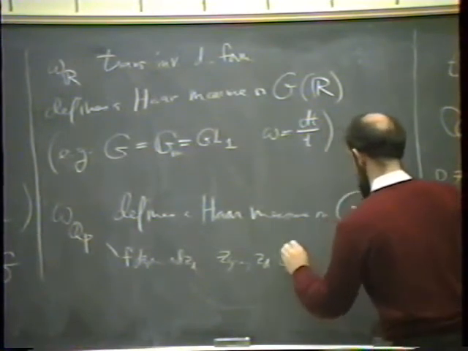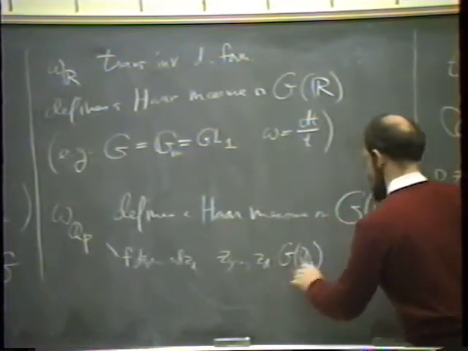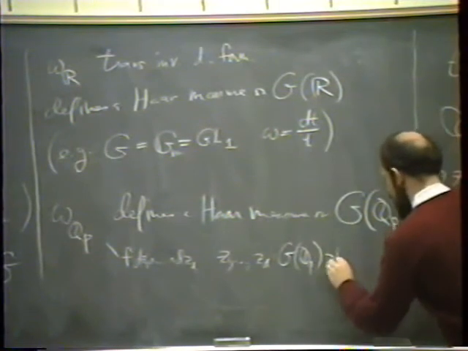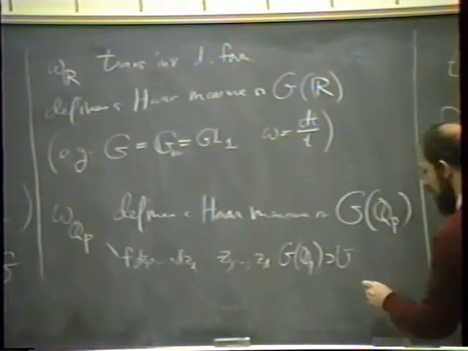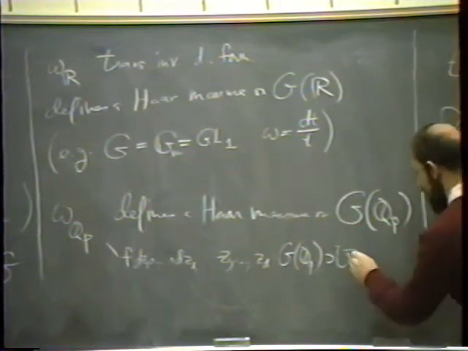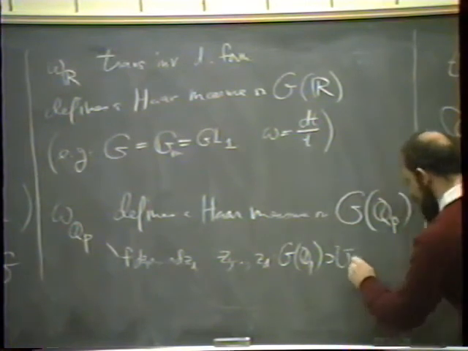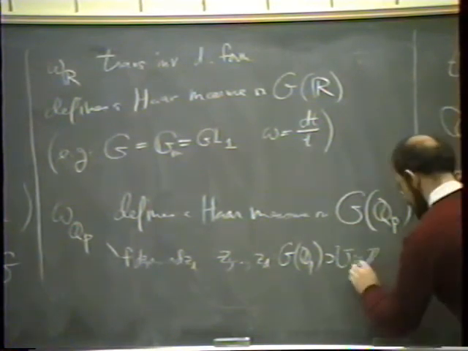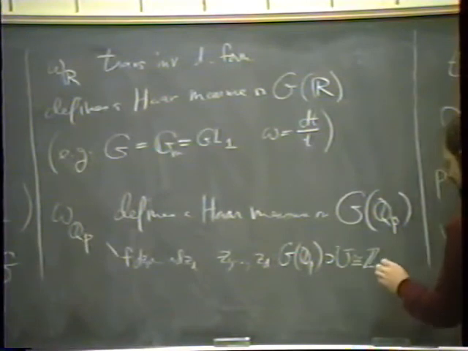So if we take G(Q_p), and then there would be some sort of little p-adically open neighborhood of the point where you were studying things, and this would be identified with Z_p to the d.